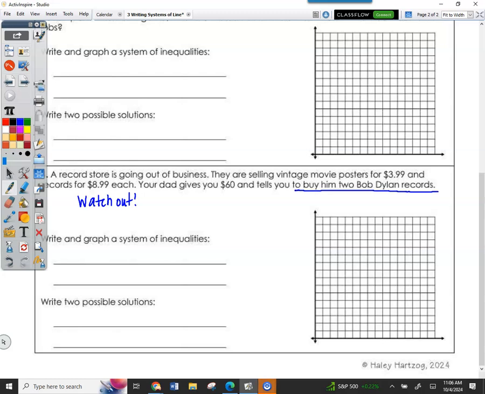Okay. All right. So we've got X movie posters and Y records. X is going to be our number of posters, and Y is our number of records. But what did your dad tell you he wants you to buy?